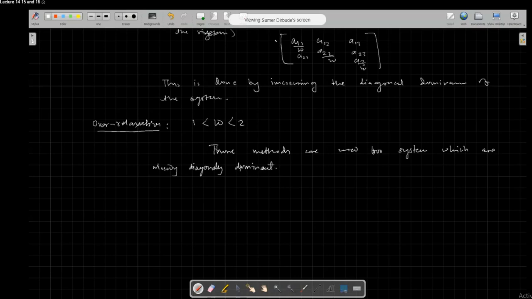It should first be diagonally dominant. Otherwise, if the system is not diagonally dominant and you divide it by a large number, again diagonal dominance is going to decrease. Then, why do we need to divide by this to decrease the diagonal dominance?